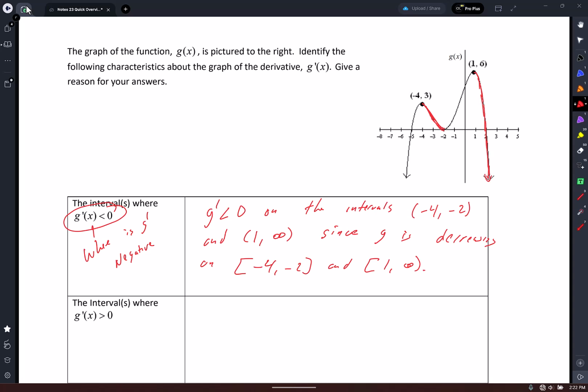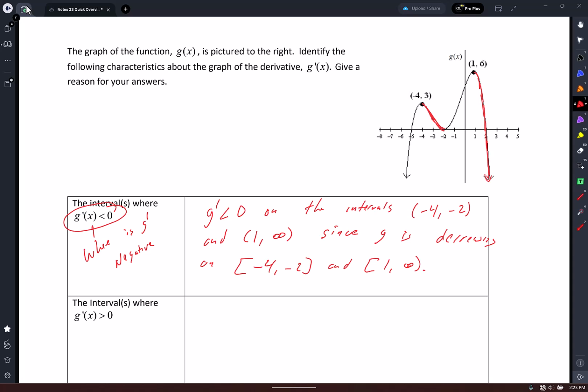You have caught me in the past where I don't write this statement. I just say decreasing on this, and I don't even bother with the open parentheses. That's because I put an equal sign in the bottom. Does that make sense? Now here they're forcing me. Is there an equal sign here? Look, right at -4, g prime is 0 there.